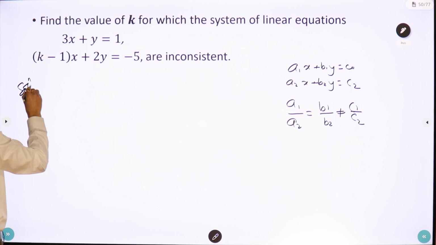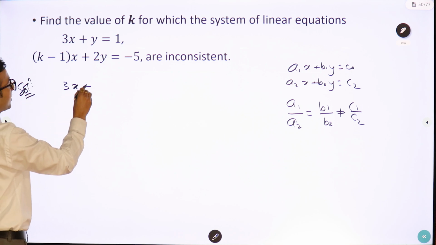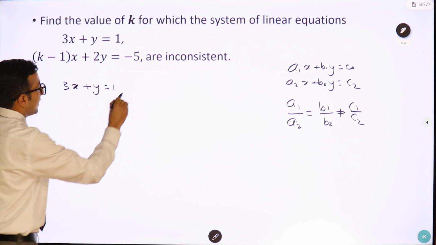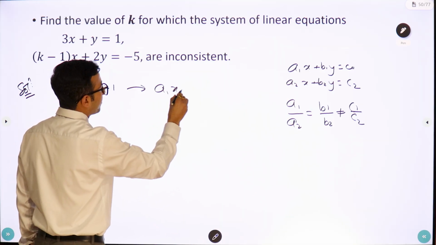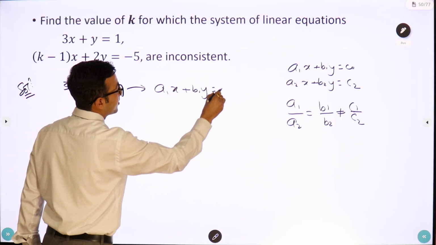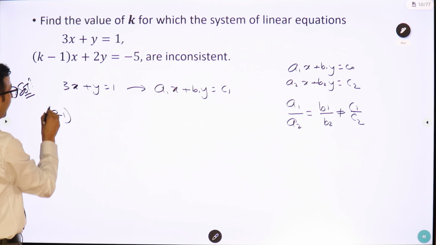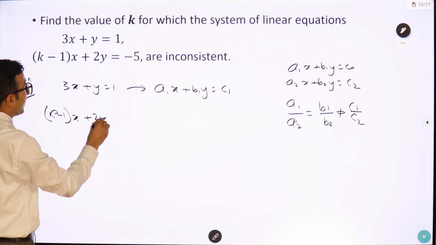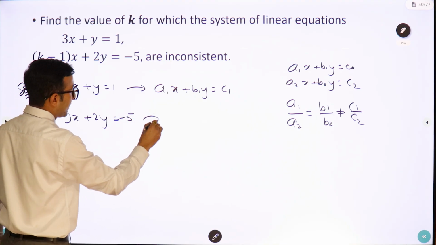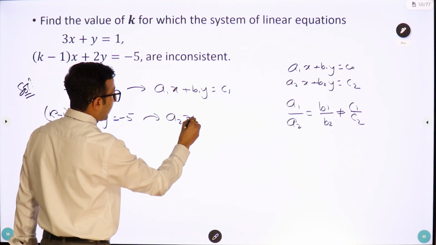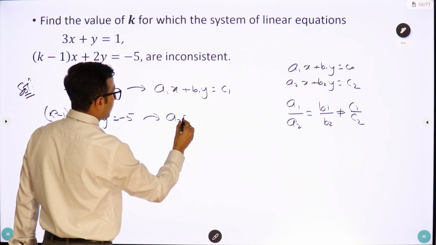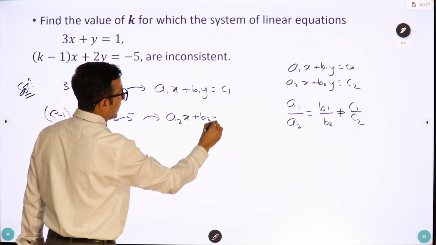So the first thing you need to do is this. Solution: 3x plus y is equal to 1. You have to compare it with a1x plus b1y is equal to c1, and (k minus 1)x plus 2y is equal to minus 5 with a2x plus b2y is equal to c2.